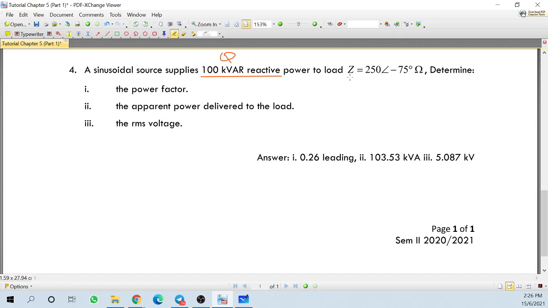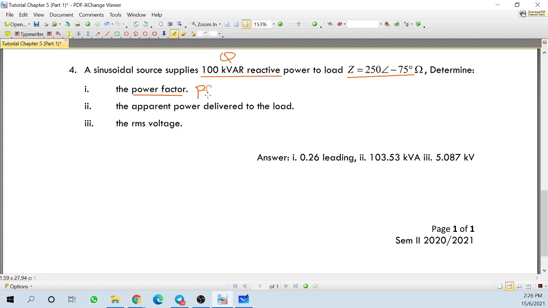This is the load. So what you need to do first is understand the circuit configuration. You have a source supplying the load with Q equal to 100 kVAR. The question asks you to determine the power factor.